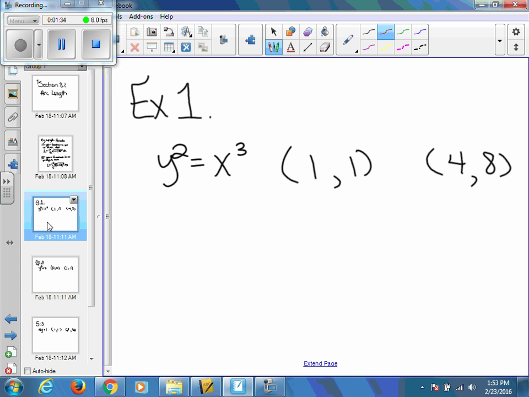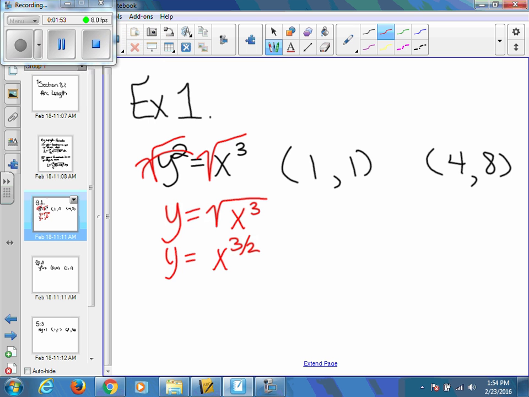If I solve this for y, I will take the root of both sides and get y equals the square root of x cubed, which is x to the 3 halves.